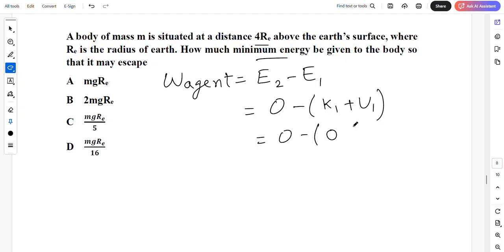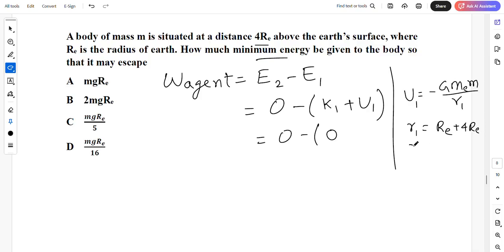Now, what is the formula for U? U is nothing but potential energy. U is equal to minus G Me m by r, where r is the radius. Here U1 is equal to minus G Me m by r1. How much is r1? A body of mass m is situated at a distance 4 Re above the earth's surface. The earth's surface is already Re, plus 4 Re above, therefore r1 will be 5 Re.